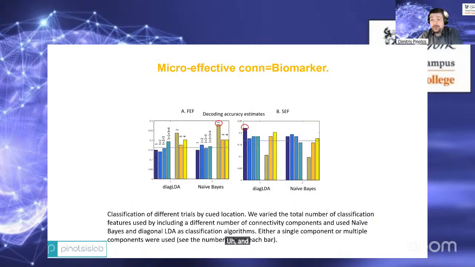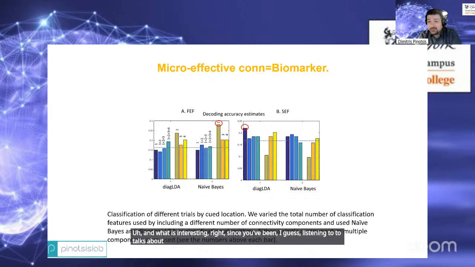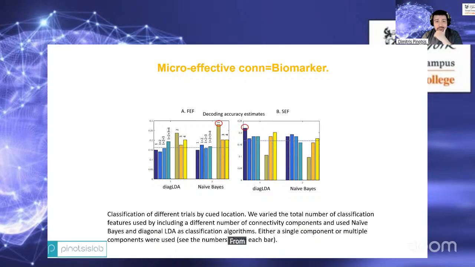And what is interesting, since you've been listening to talks about functional connectivity at the mesoscale or large brain organization and default mode networks, etc., is that this micro-effective connectivity is a biomarker in the sense that you can decode memories from FEF, for example, on the left here, based on the connectivity patterns.